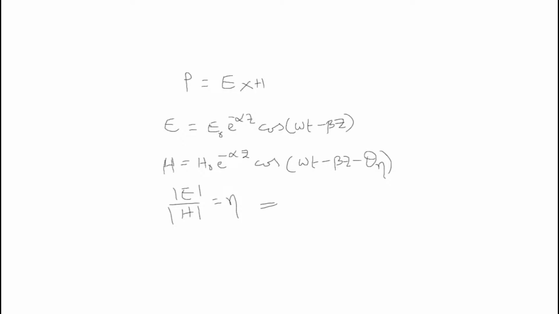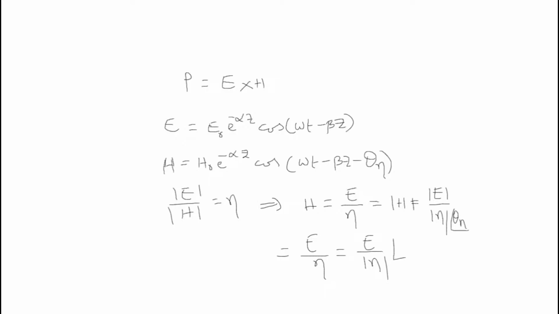Or else we can write H is equal to E by eta. Then mod H can be written as mod E by mod eta at an angle of theta eta. That is why here it is not H naught, it is E naught, because here we consider theta eta.